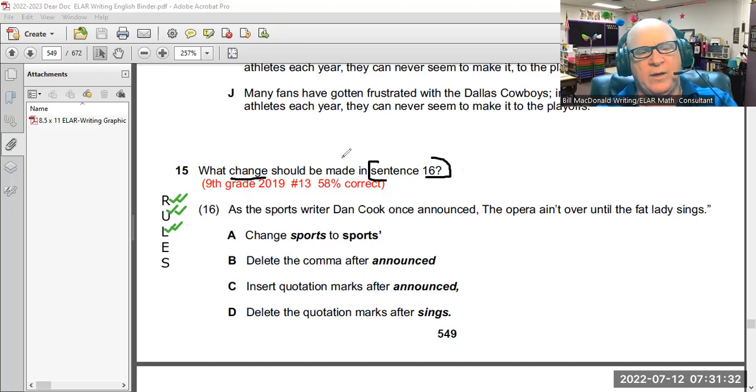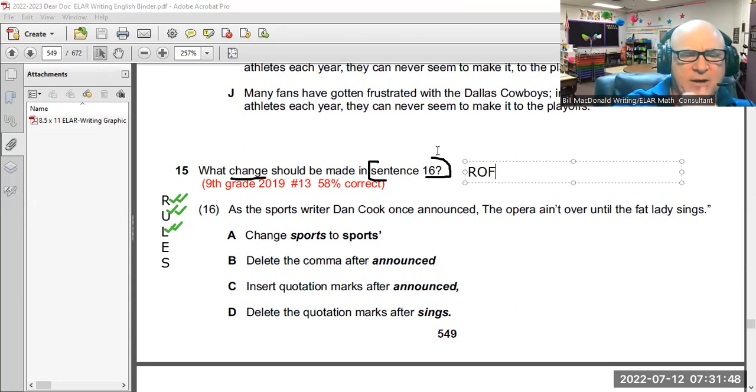So what we have there is an R.O.F. It's a run-on or a fragment that we're looking for. And again, you see on D, there's not a make no change. So there is a problem with run-ons or fragments. So let's begin to evaluate, start to eliminate.